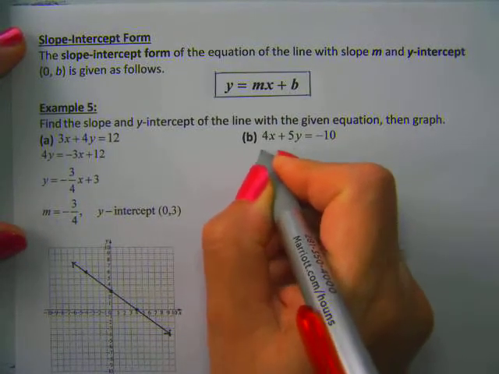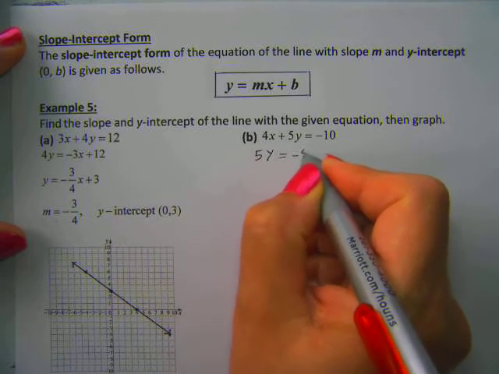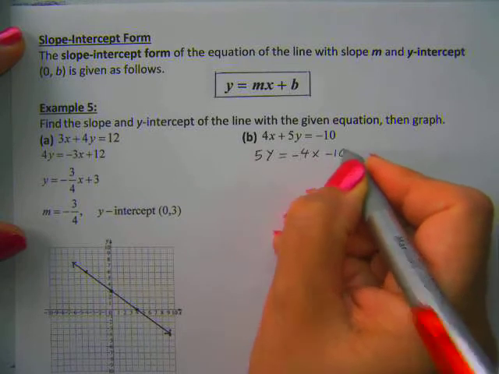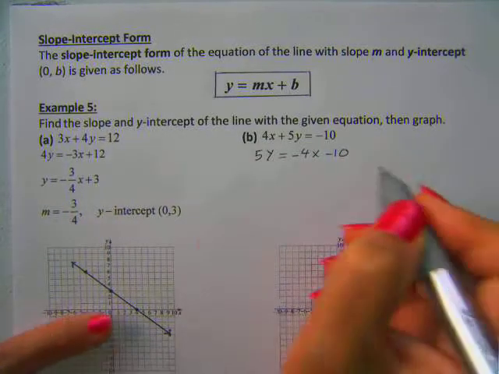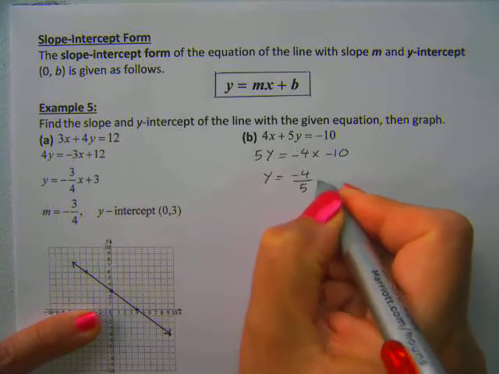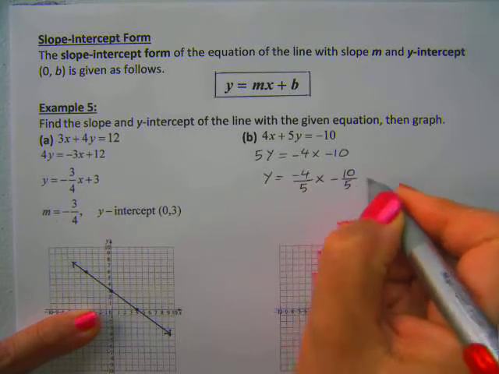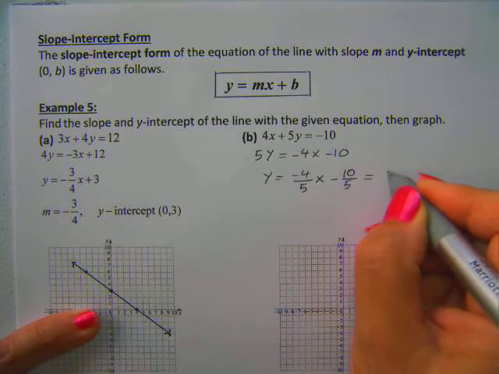Let's work on B. Let's solve for y. Let us subtract the 4x from both sides. Then to solve for y, we need to divide by 5: negative 4x over 5 minus 10 over 5. And what is 10 over 5?